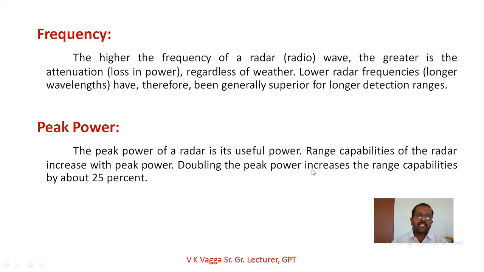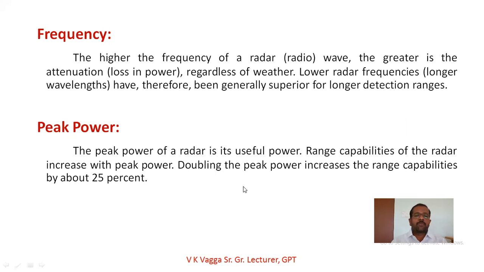If you take the peak power of the radar, out of the isotropic radiation, it can consider only the single direction, as I said. So the single direction power itself is the useful power here. If you take the range capabilities, doubling the peak power increases the range capability by 25%.